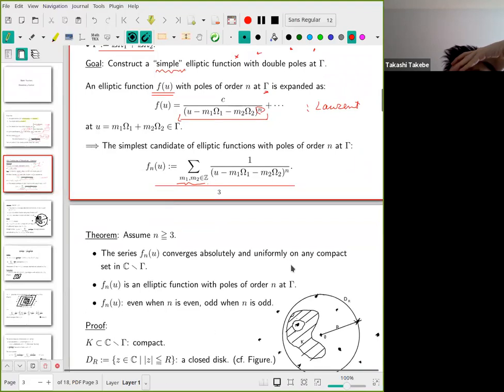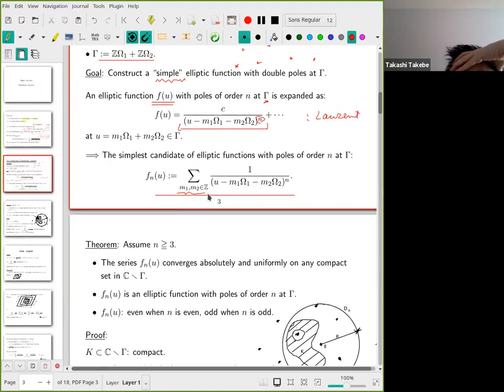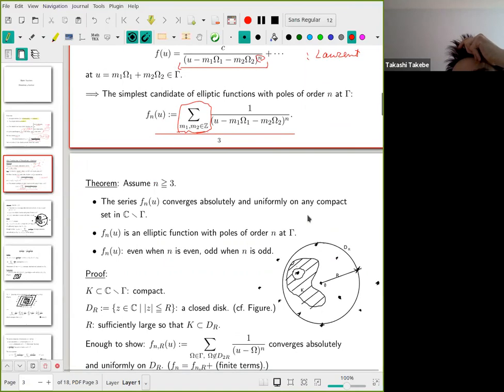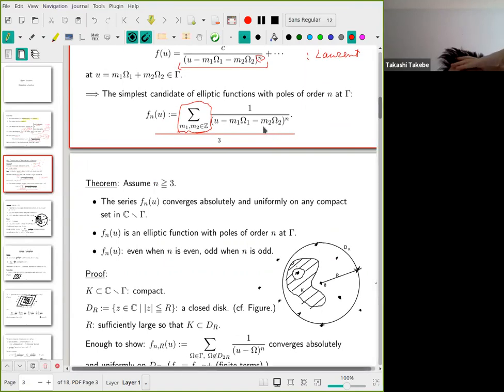The problem is, of course, the convergence. This is an infinite sum, so whether it represents a function depends on convergence of this sum.